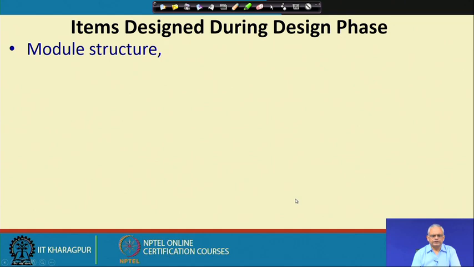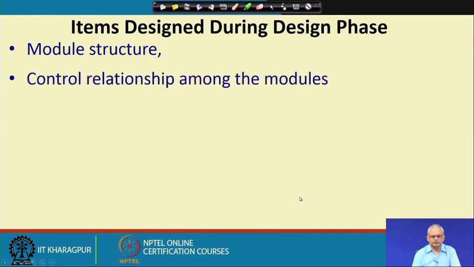Typically, we have the module structure in a procedural design or the class structure in object oriented design, and the control relationship among the modules. This is in a procedural design, and similarly in an object oriented design we have the invocation sequences among different classes.